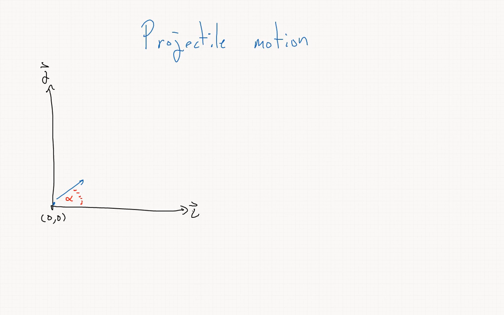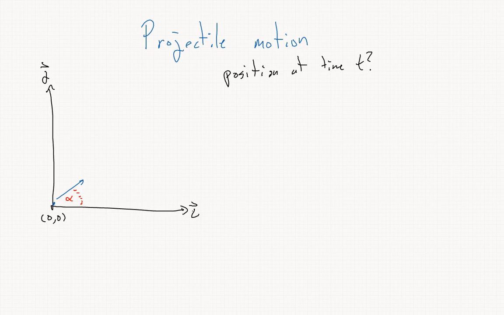And we want to find the projectile's position at time t. What we're given is just its initial velocity.